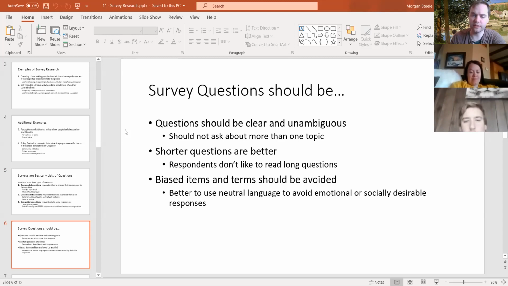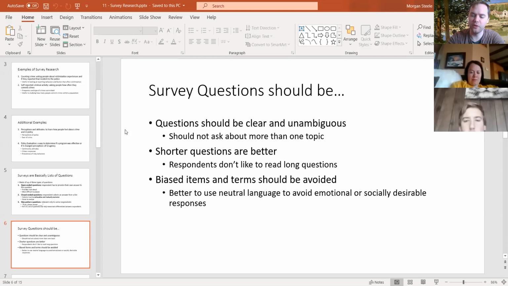And related to that, you have to avoid biased items or loaded terms. So you see this a lot with surveys put out by political campaigns. They will often use biased items. Do you support X or do you hate America? Okay.